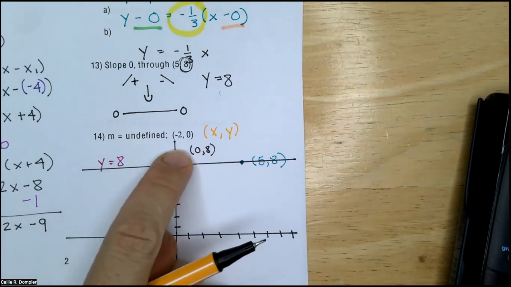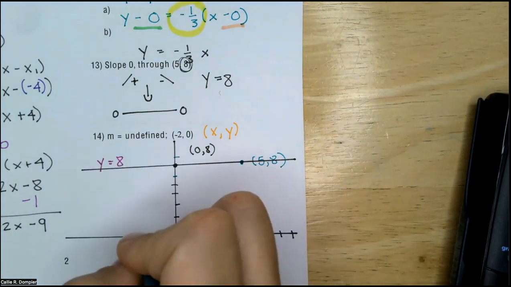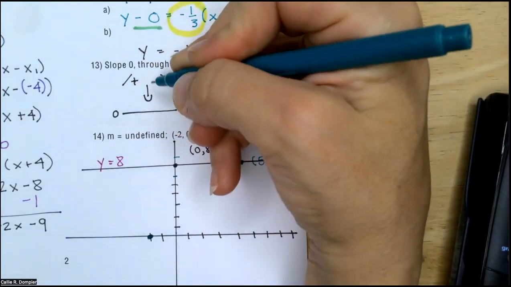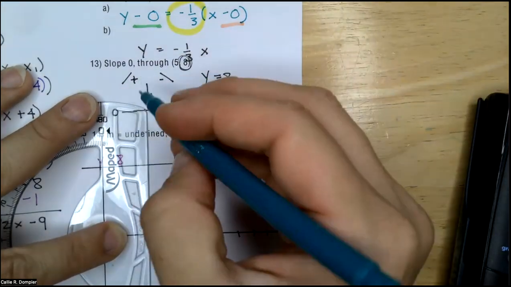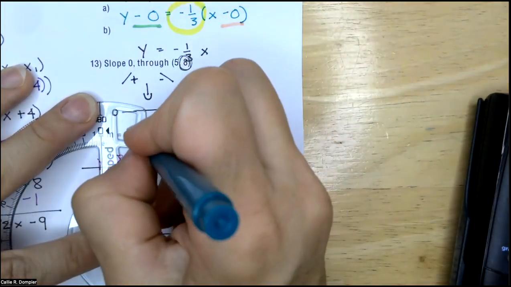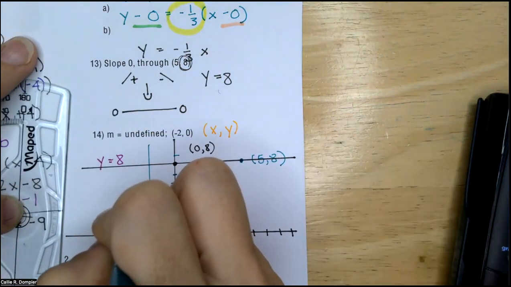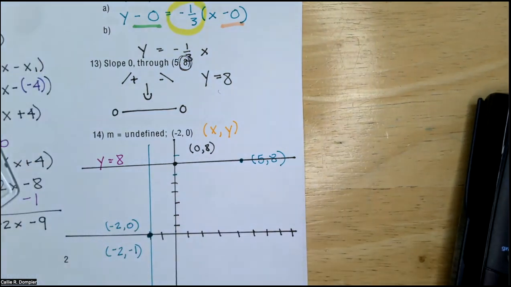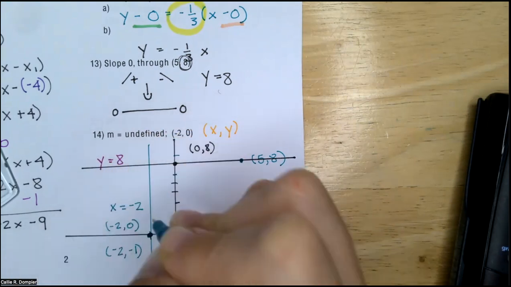What if your slope is undefined through the point negative 2, 0? A slope that's undefined is going to be straight up and down. Good. Going to go through the points negative 2, 0, negative 2, negative 1, negative 2, negative 3, right? No matter what, we have x is negative 2.